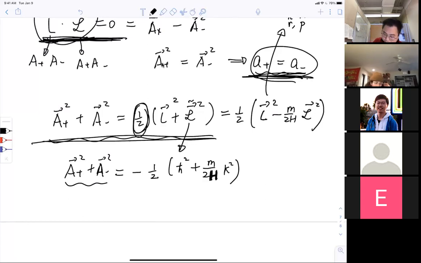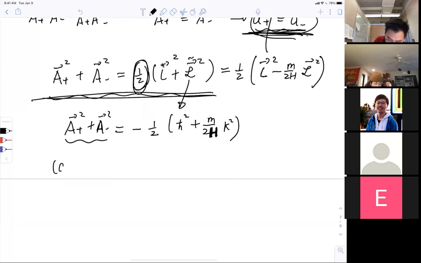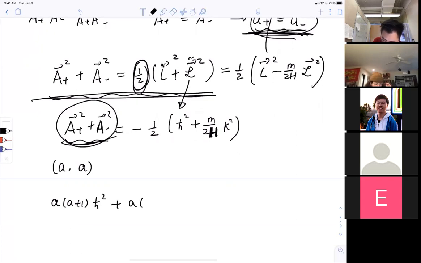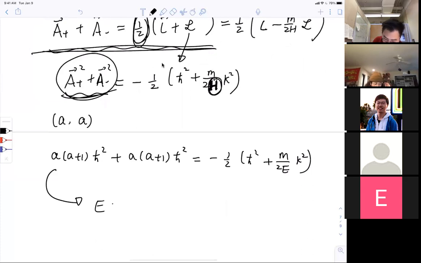And in a specific representation, let's say A plus and A minus equal to A, the left-hand side becomes (A plus 1) squared times h bar squared plus the same thing. The right-hand side is this guy. This H becomes the energy. And we can solve for the energy, which is given by this.